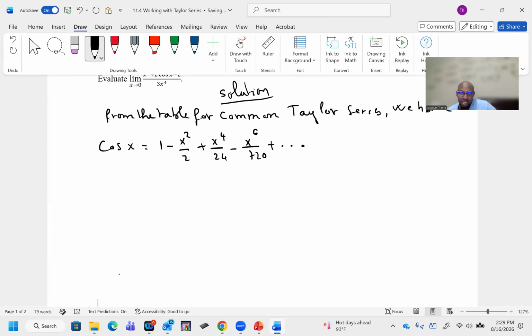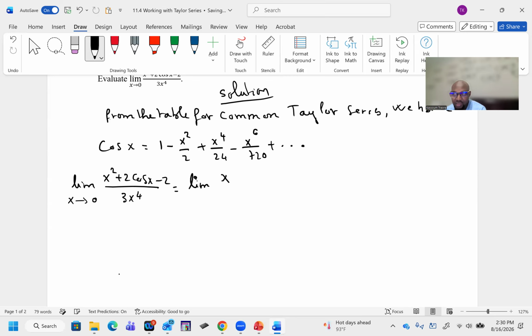So when I have to find the limit of x squared plus 2 cosine of x minus 2, divided by 3 times x to the power of 4 as x approaches 0, I'm going to replace my cosine x with this series.